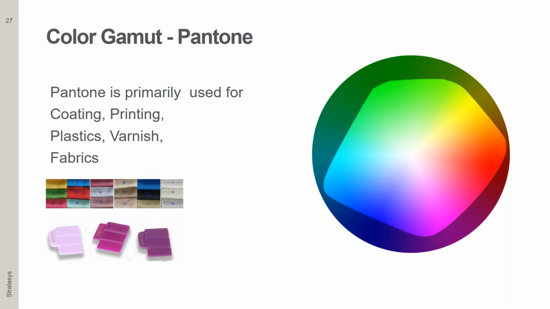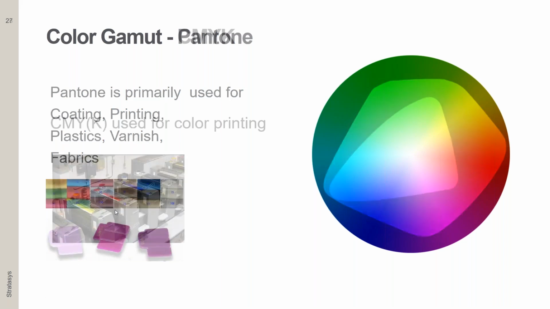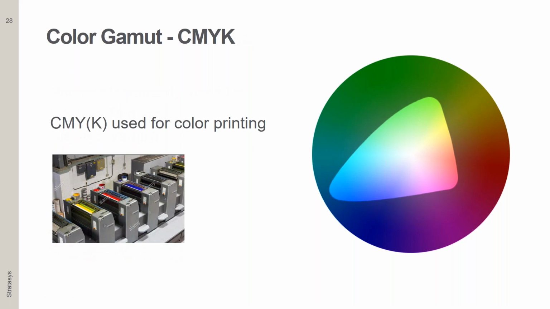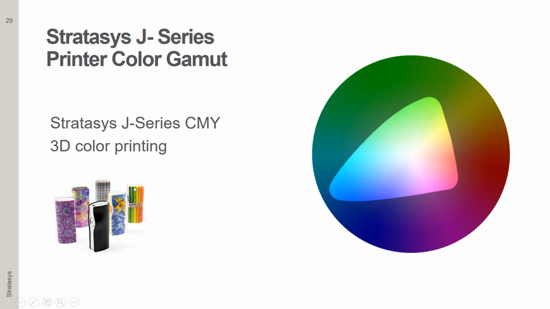Then we have the color gamut of Pantone, which is also quite a huge color gamut, but not as big as what the human eye can see. And the smallest area of it is the CMYK color gamut. And it doesn't matter if you use 2D printing or 3D printing, it is the same color gamut because you have the same ingredients. So we have the smallest area that we can use.